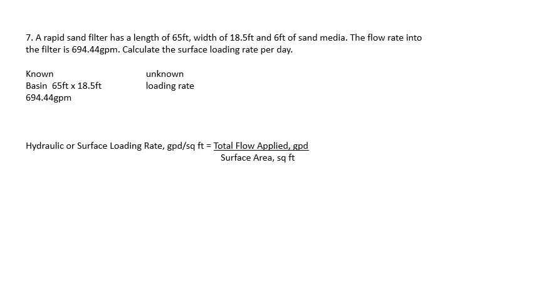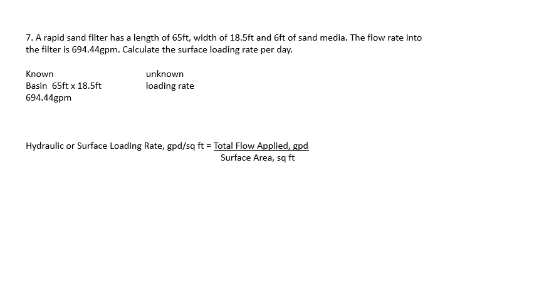So pull our knowns and our unknowns. You have your basin, which is 65 feet by 18.5 feet. Again, the depth does not matter because this is surface loading in square feet. It's not volume of cubic feet. Your flow is 694.44 gallons per minute, and we're looking for the surface loading rate.